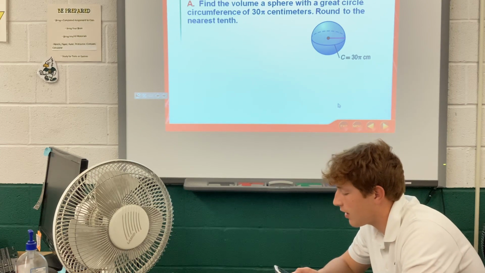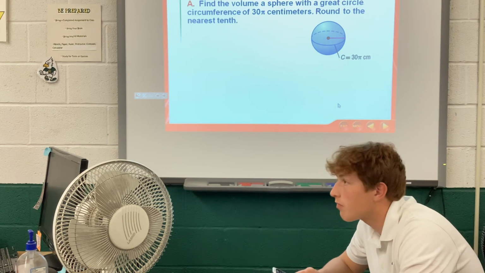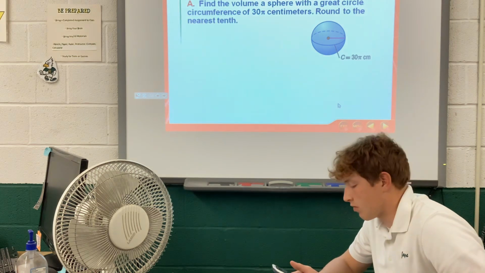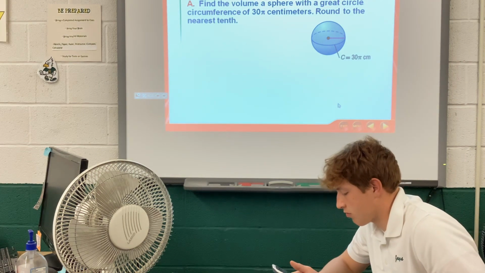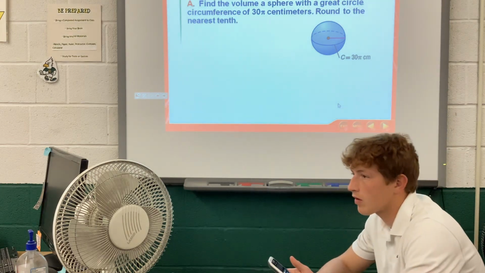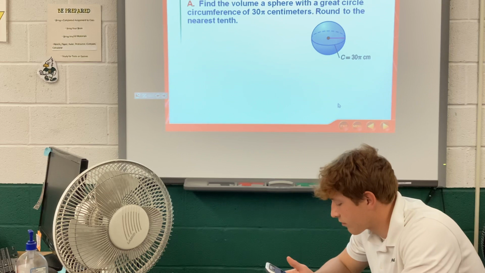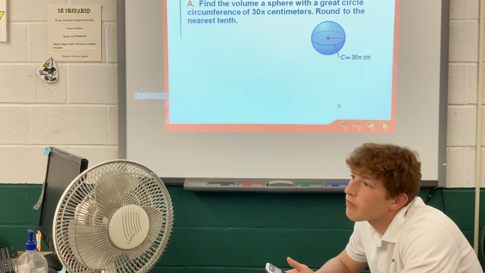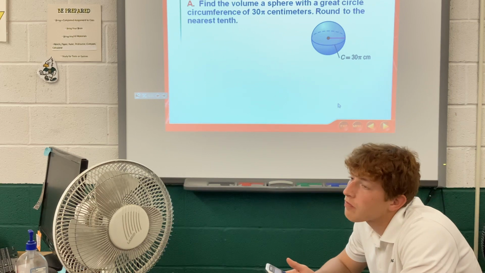How do I cube on my calculator? If you want to cube something, you should have a button that looks like a little up arrow, or a button that looks like either y to the x or x to the y. In this case, we would have taken 15, hit that up arrow, and then put 3.